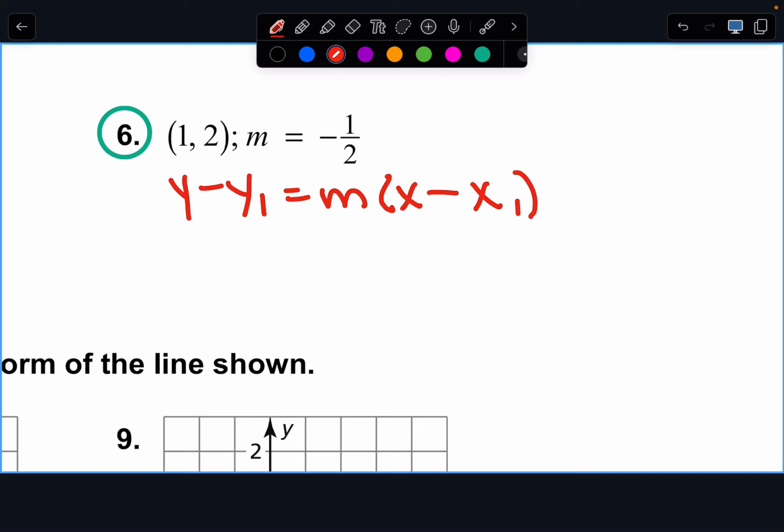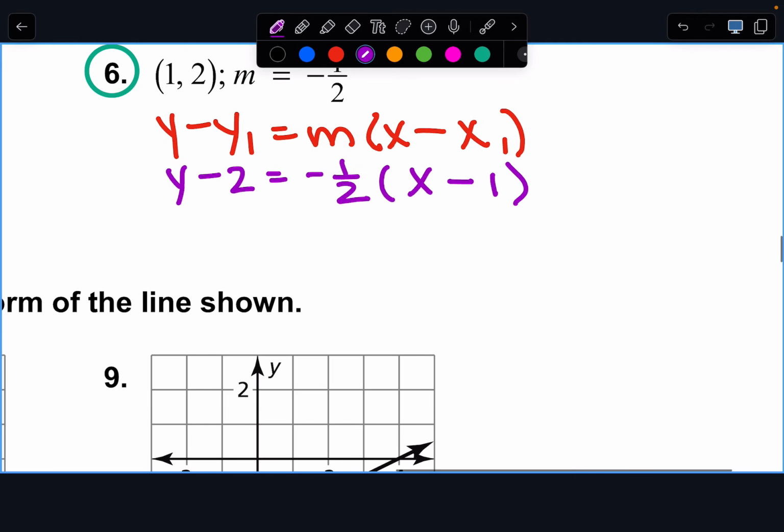Do you have y minus 2 equals negative 1/2 times x minus 1?